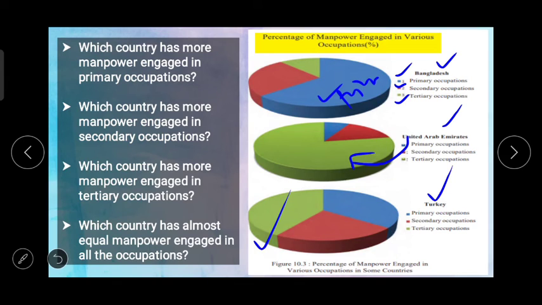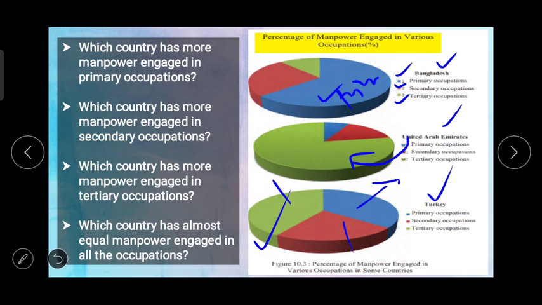United Arab Emirates. And the last one, which country has almost equal manpower engaged in all the occupations? So we have Turkey, almost equal in the primary, then in the secondary, and then in the tertiary occupation.